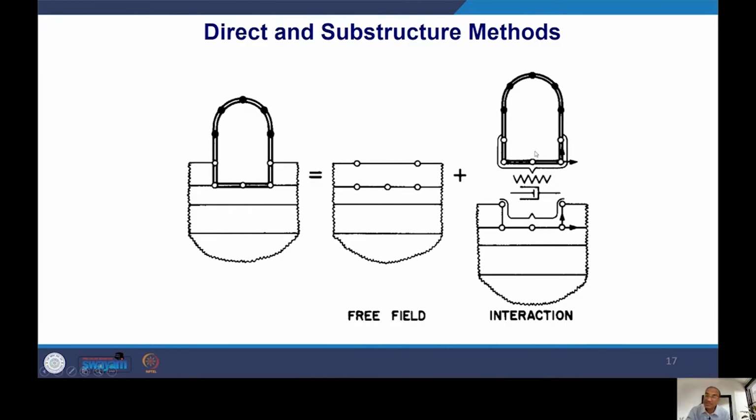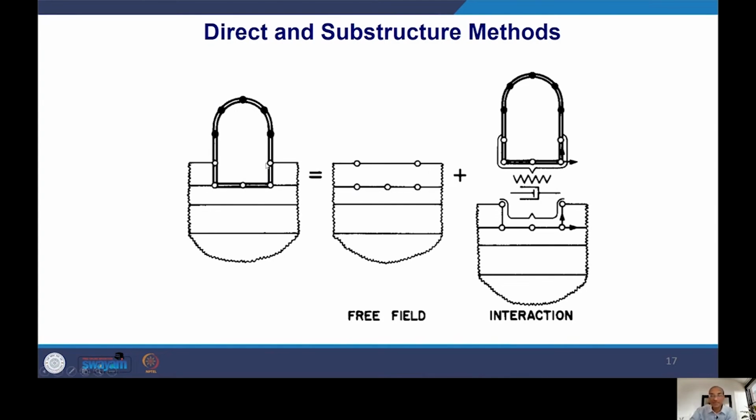So now the structure can be analyzed as before, with as much detailing as was used here, and the spring and dashpot will represent your missing soil or scattered motion. Once this modeling is completed, you can find the response as early as possible.